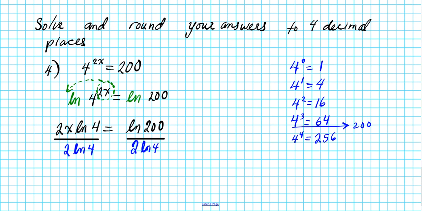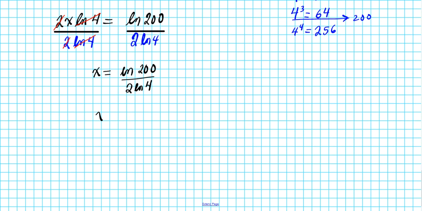Why did we do that? If you examine the left side of the equation, these two 2's divide out, and the natural logarithm of 4 divides out also. So on the left side, we're left with x equals the natural logarithm of 200 divided by 2 times the natural logarithm of 4. Now to get our approximate result, we'll simply enter this division statement in our calculator.